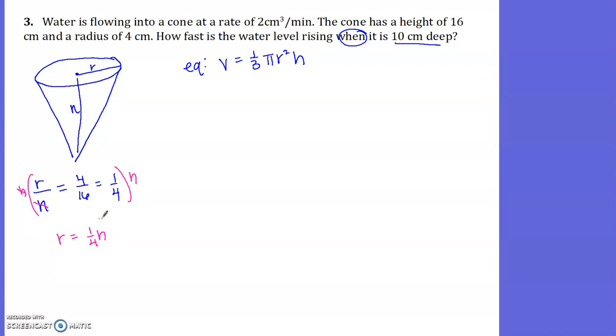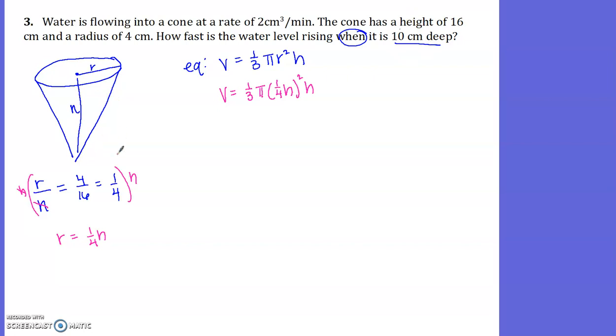Okay. So then we're going to take this, and we're going to plug it in for r and simplify. Okay, that way our equation will just have an h in it. Okay, so that way we'll only have one dh dt. And the reason we're keeping h in it is because they told us how deep it was.